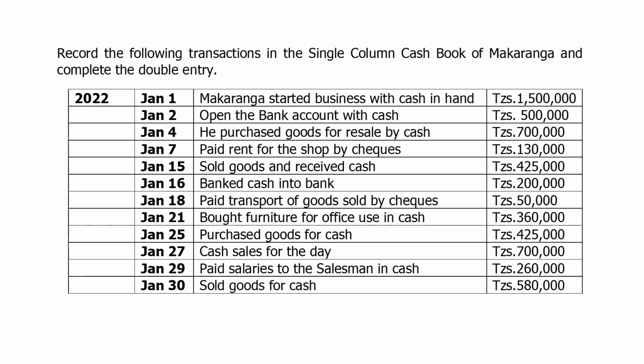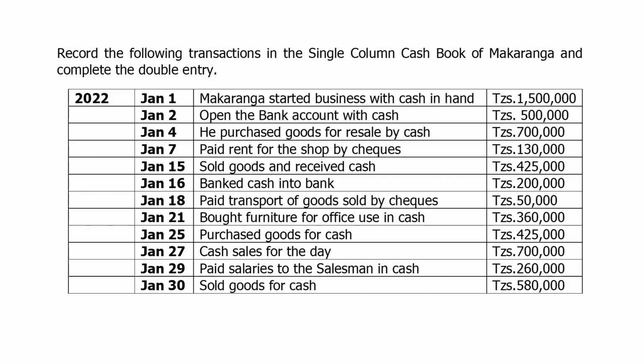Purchased goods for resale by cash, 700,000. Paid rent for the shop by cheque, 130,000. Sold goods and received cash, 425,000. Banked cash into bank, 200,000.